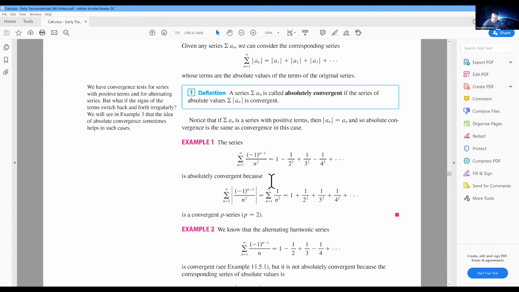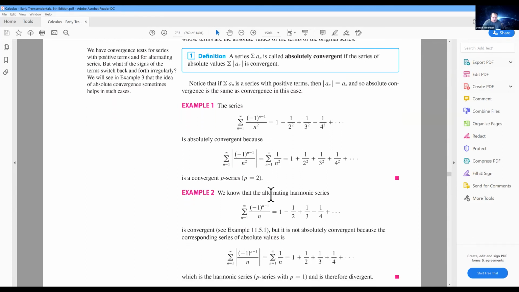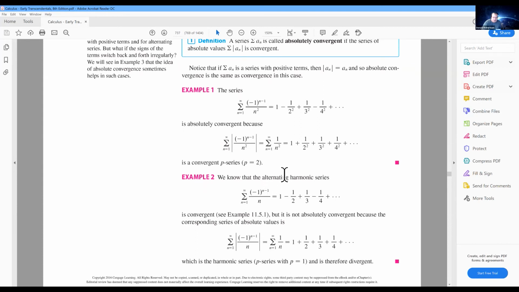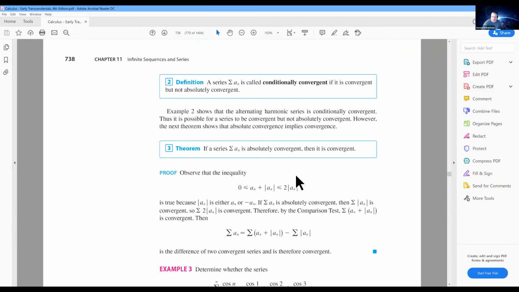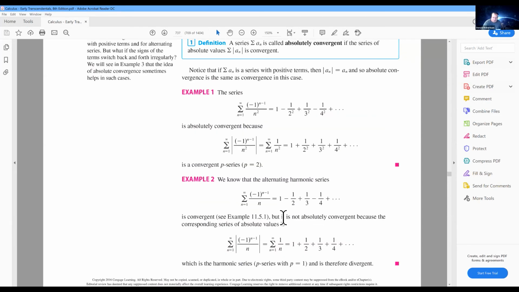Now, here's a guy that we've been playing with. You remember the harmonic series, in this case, the alternating harmonic series, right? It's one of the family. 1 take away a half plus a third take away a quarter. That guy converges. We proved that yesterday, I think.